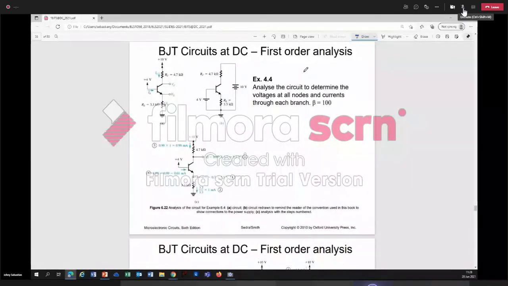Okay, BJT circuits at DC. The summary. In fact, here it is given step by step. Voltage at the base is 4 volt. Step 1, find the voltage at the emitter. Step 2, find the emitter current. And step 3, find the collector current, or you can find the base current, then find the collector current.